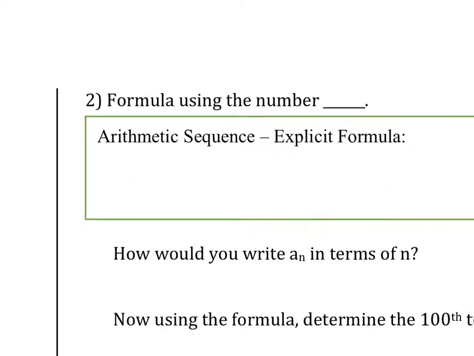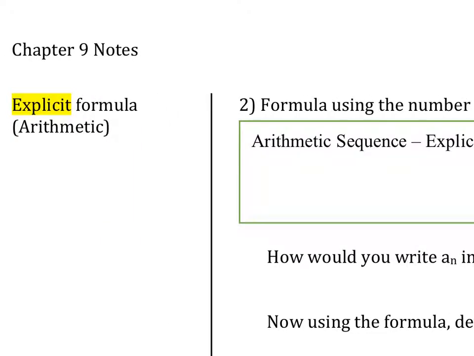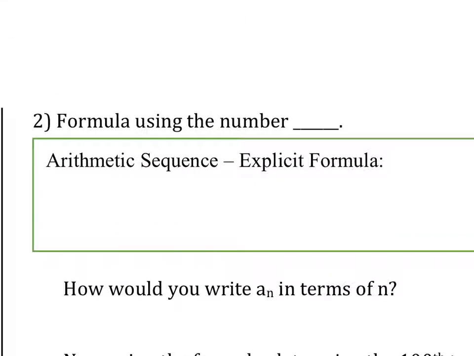Second part. This is called the explicit formula. Explicit formula means we are just going to find that number by n. Tell me the term number, I will find it. That is just like number 7 on your warm-up with your partner. So An has to do with the first number, right?